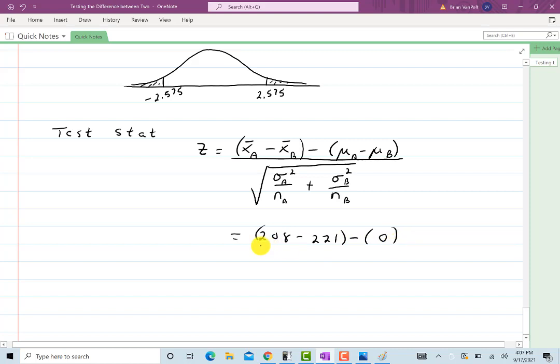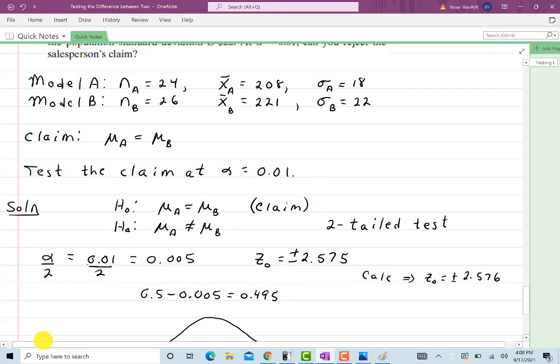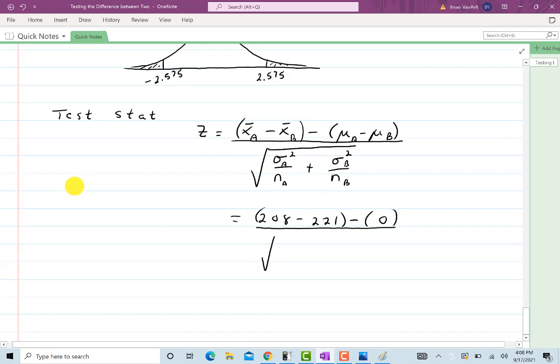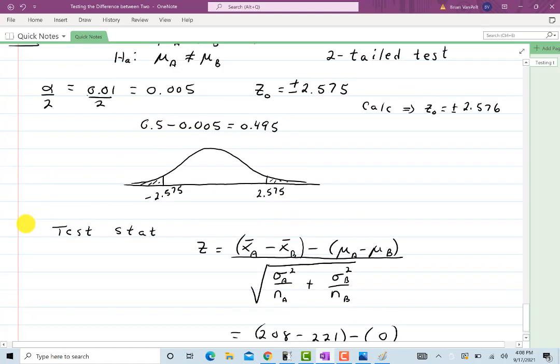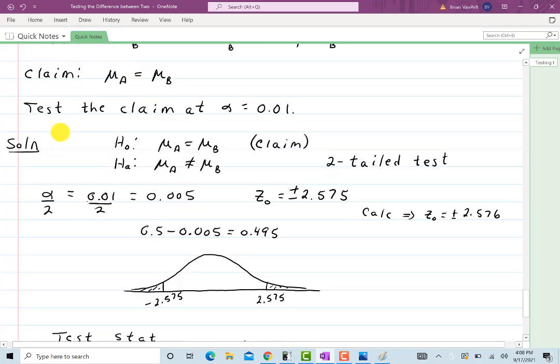The H naught tells us that mu1 might possibly equal mu2. And then let me get my sigmas. Sigma A is 18 and sigma B is 22. And let me get my NA and NB: 24 and 26.